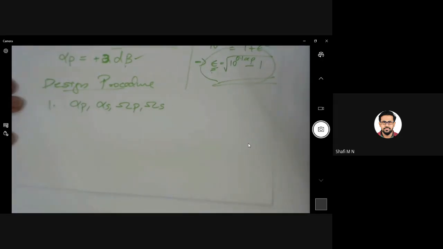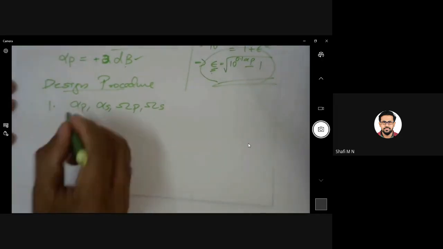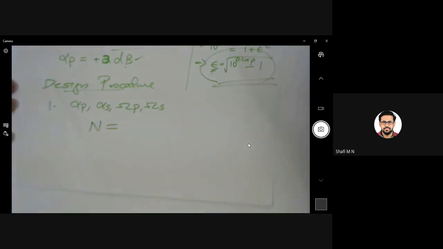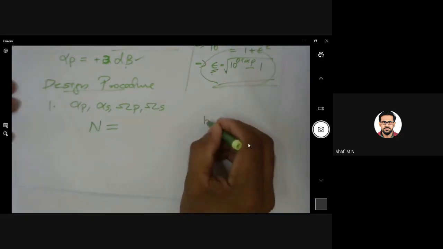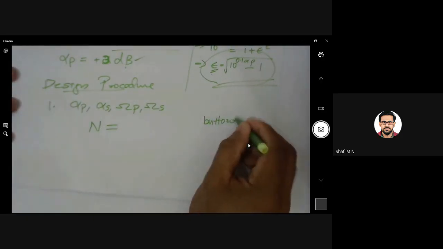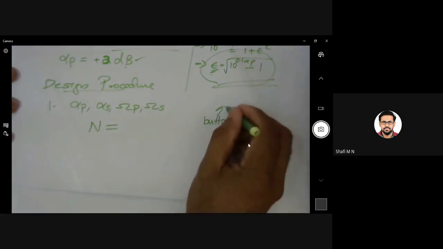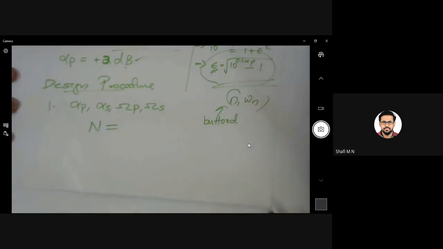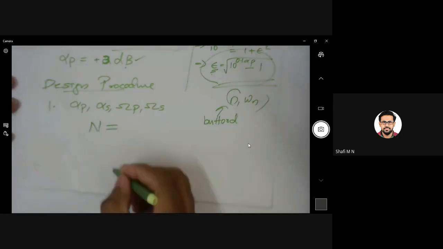So the first step is to compute the order of the filter. In MATLAB you use the command buttord. The buttord command was used to calculate the order and cutoff frequency, isn't it? So here also you have to find the order. We will do that mathematically.